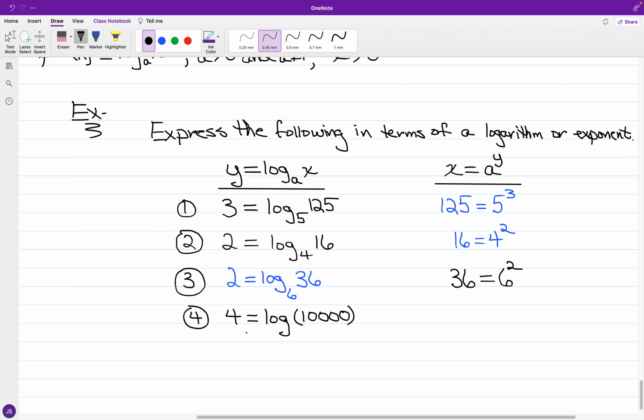And again, anytime you see log, this is going to be code for base 10 logarithms. So you had the base 10 logarithm of 10,000, and writing in terms of x is equal to a to the y, x is going to be 10,000.